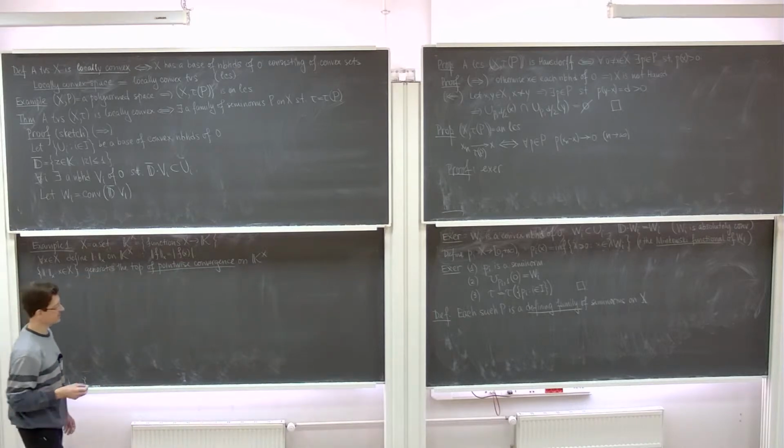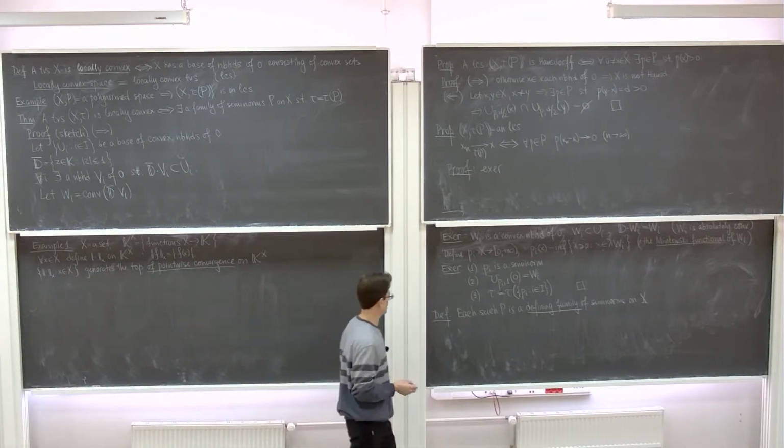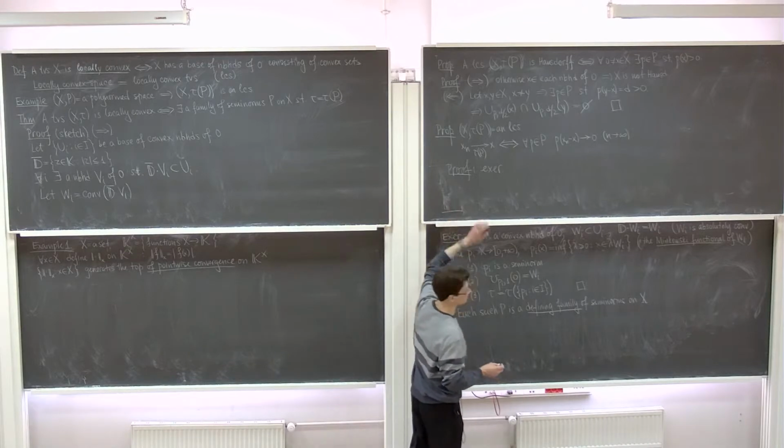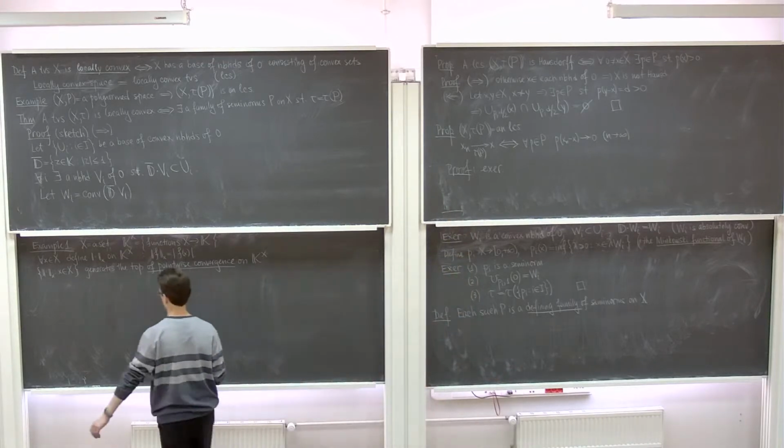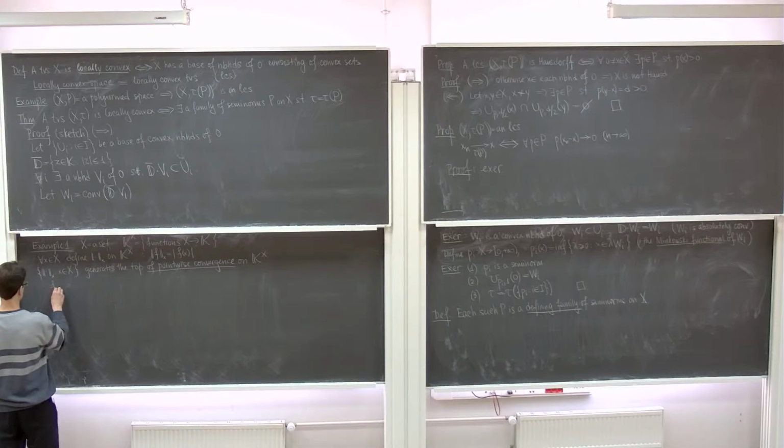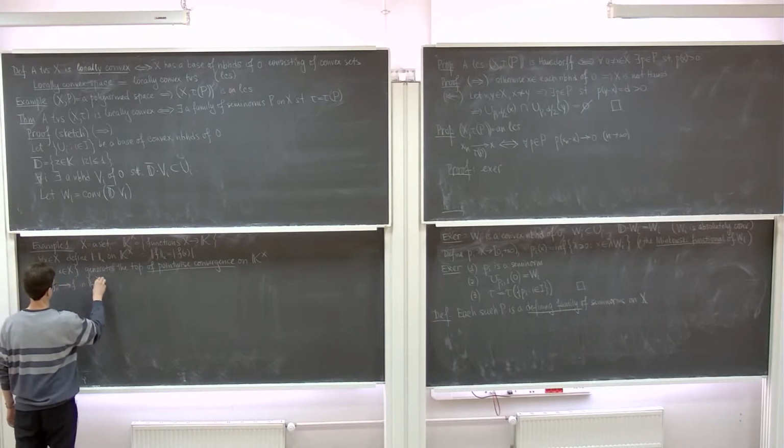Why is it so called? Well, if we look at this proposition, we see that a sequence f_n converges to f for this topology if and only if it converges pointwise.